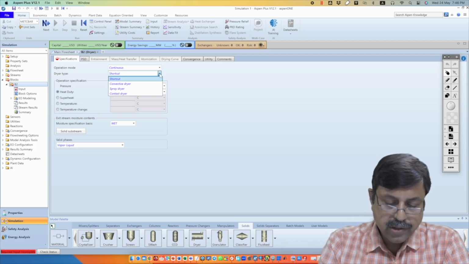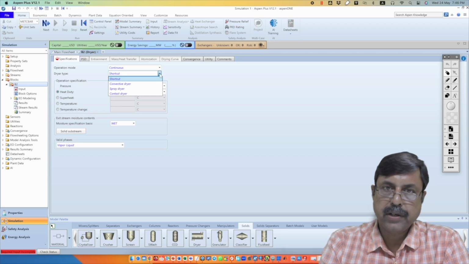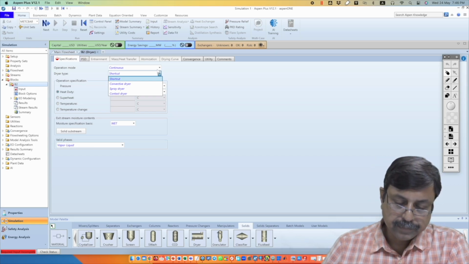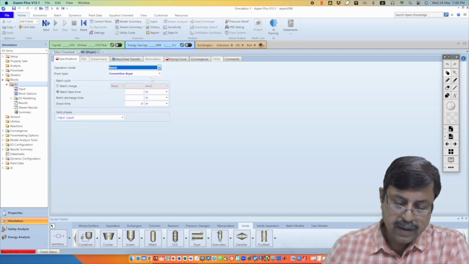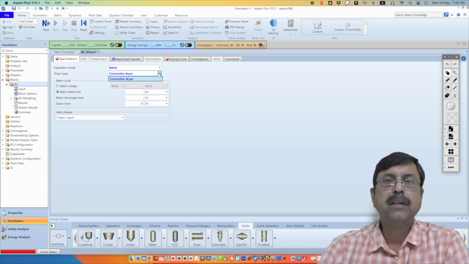One is shortcut dryer, convective dryer, spray dryer and contact dryer. I have given a short description of them all. We will learn better when we discuss it further. But if you choose batch dryer, then you will have only one option, that is convective dryer.